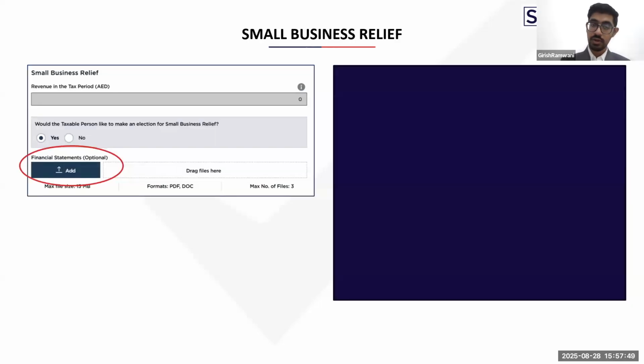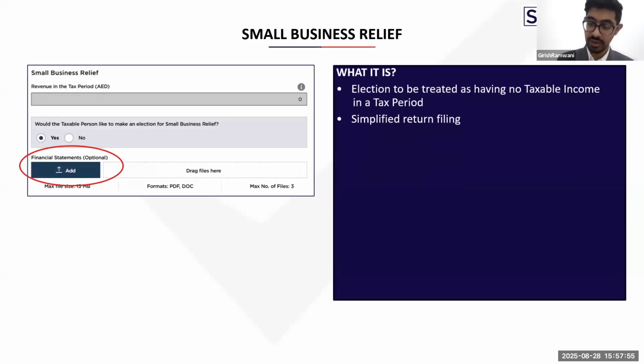Now, to quickly sum up again, this third, small business relief, was covered in detail in our previous session, wherein this is a transitional benefit which is provided by the authorities. The authorities understood that the law is very new, so they have excluded certain small businesses from filing a detailed return, giving all the detailed disclosures.